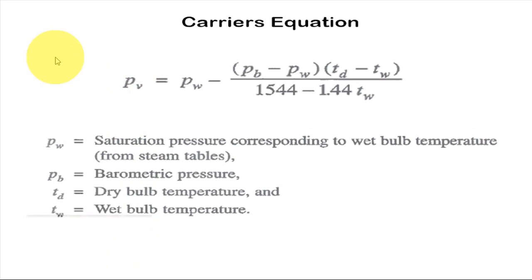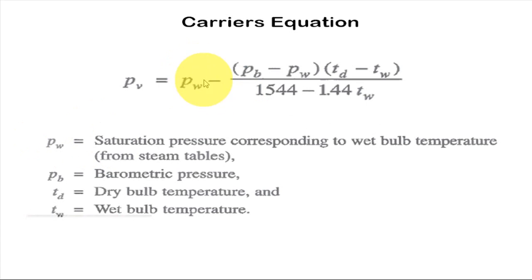Then if you know any two properties, you can find the partial pressure of water vapor. That is, if you know the wet bulb temperature, the dry bulb temperature, and the total pressure, you can find the partial pressure of water vapor by Carrier's equation: PV equal to PW minus PB minus PW into TD minus TW upon 1544 minus 1.44 into TW.